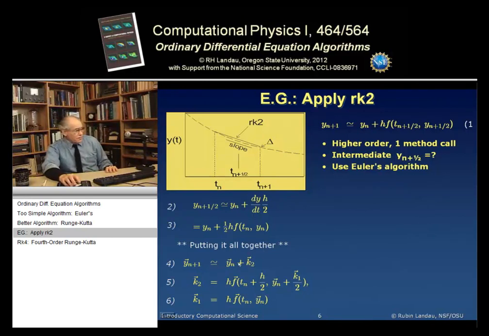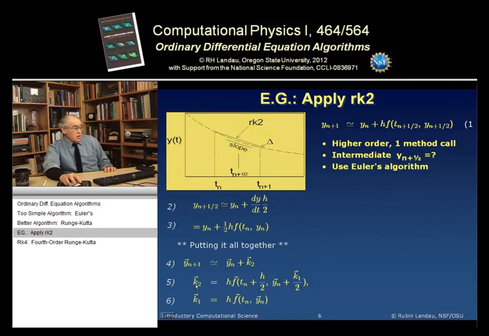So on equations 4 to 6 here, we put the pieces together. And we use, again, standard techniques. We'll say the full vector, in other words, all components, are brought forward one time step by adding a correction. Gradients, as they're called, these k terms.